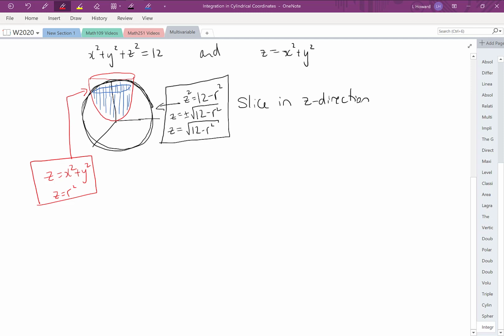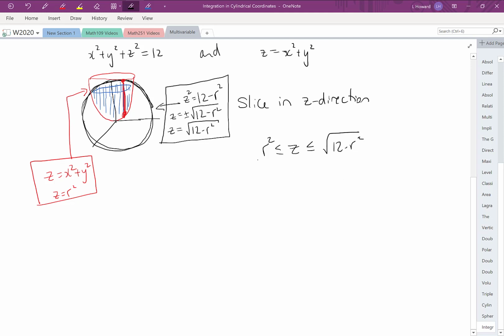Let's look at our blue volume here that's shaded in, and just imagine taking a slice in that z direction. So your slice would be starting at the paraboloid and it would be going up to the sphere. So what that tells us is that our z values are going to be ranging from r squared at the bottom to root 12 minus r squared at the top.